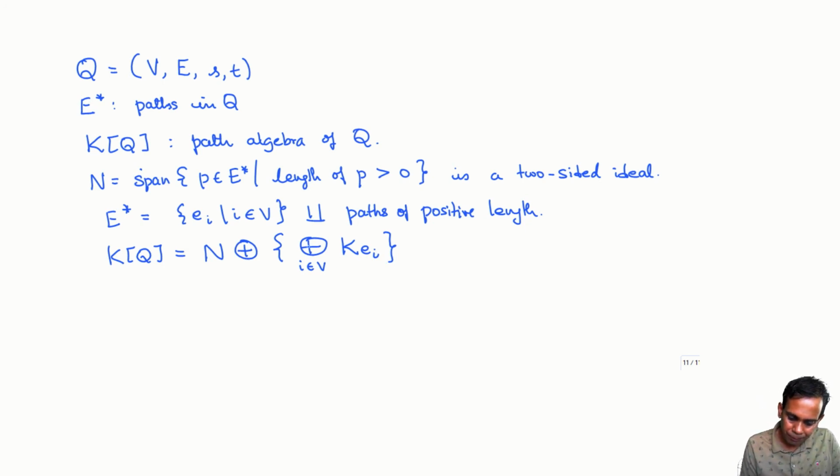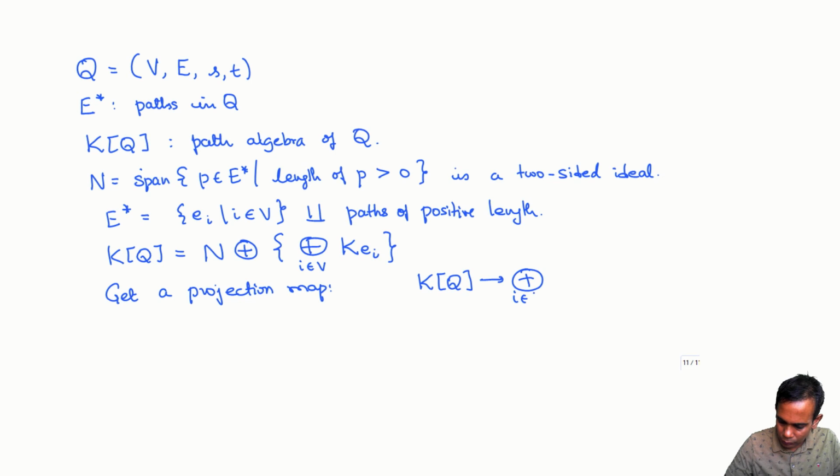Therefore, we can define a linear map, a projection map, from KQ to the direct sum over i belonging to V of K e_i using this decomposition. What this map does is, if you have any linear combination of paths, you just take all the paths of length greater than 0 and send them to 0, and just keep the trivial paths.